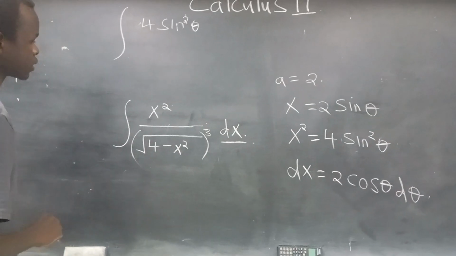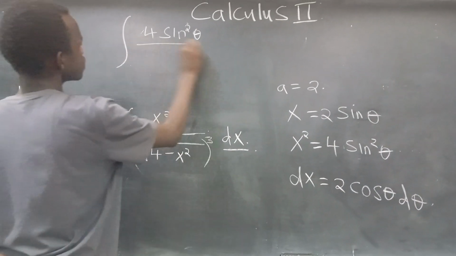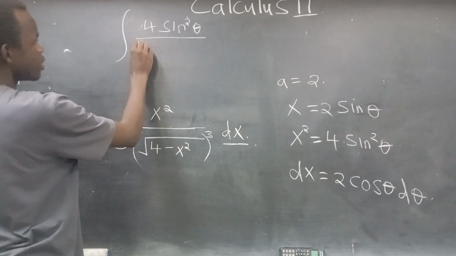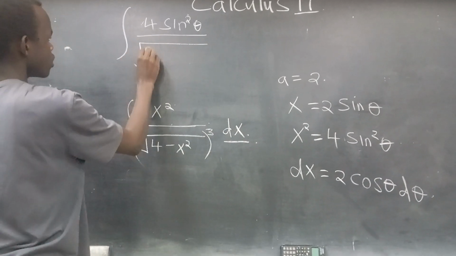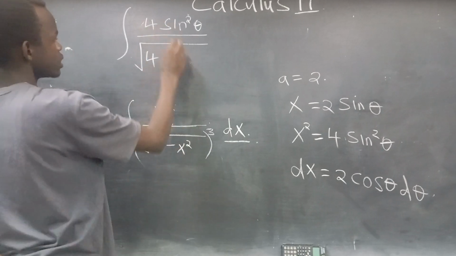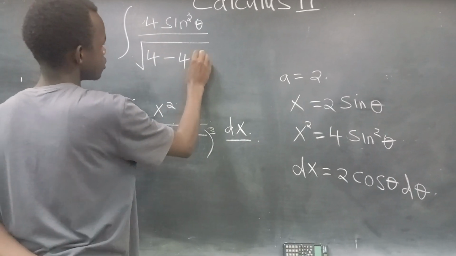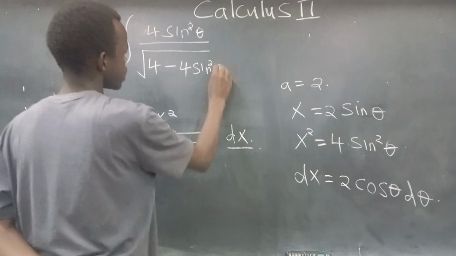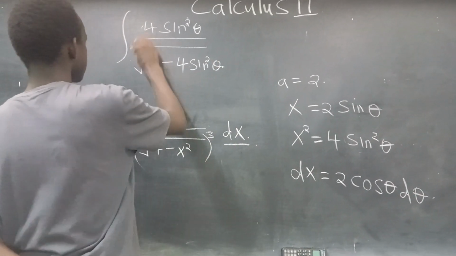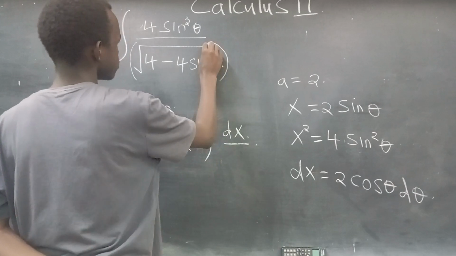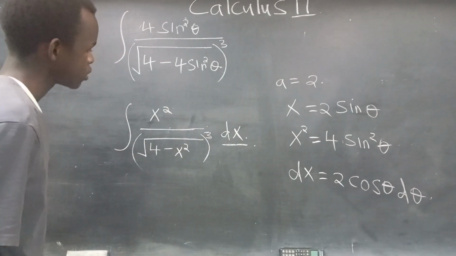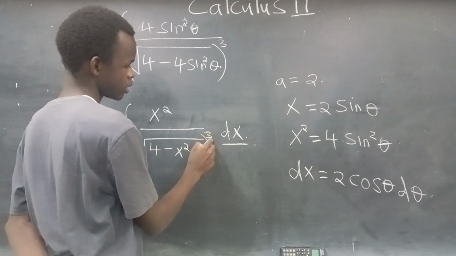I'll divide by the square root of 4 minus x squared, which is 4 sine squared of theta. But all this expression is being cubed, so don't forget the cubed.